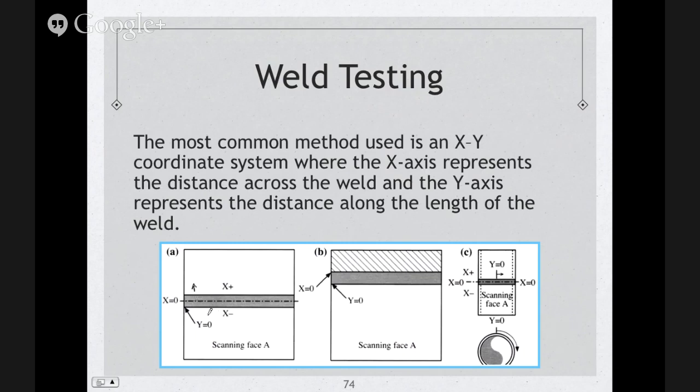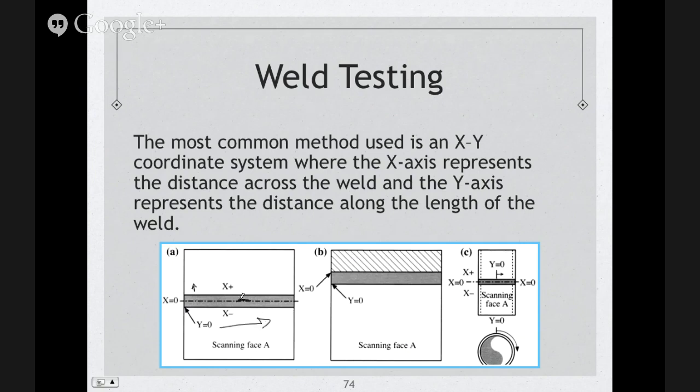This is just to identify problems in your weld, in your report. You want to make sure that they know where you found the problem. So this is your way to do it. And obviously your y would start from 0 at the very left and increase as you move right.